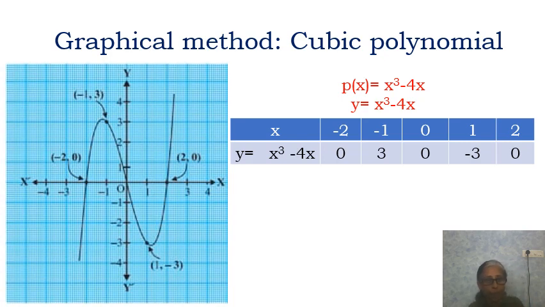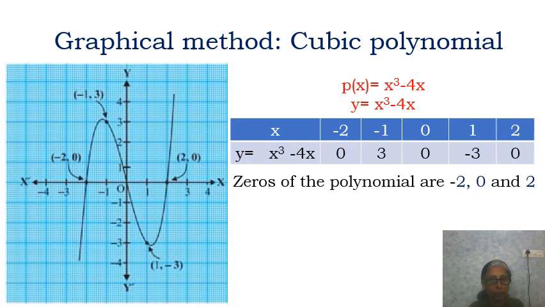Is it clear? So how many zeros you have for this polynomial? 3, because it is intersecting at 3 points. Okay, so which are the zeros of the polynomial? Minus 2, 0 and 2. And in each point you can see that y coordinate is 0.